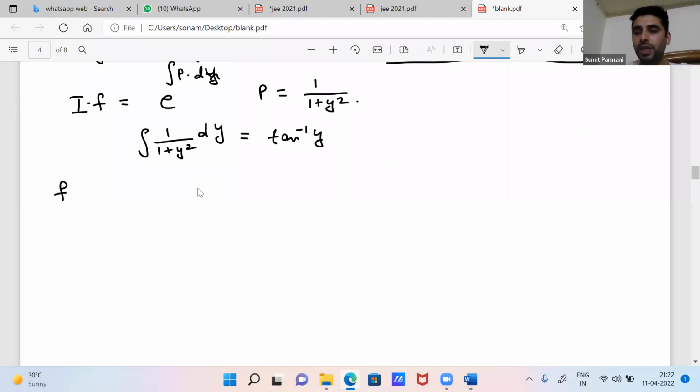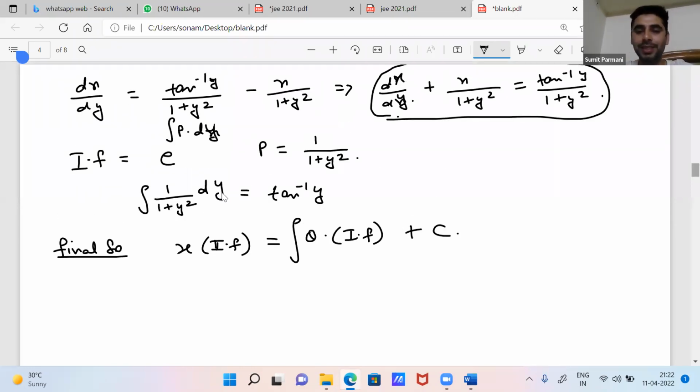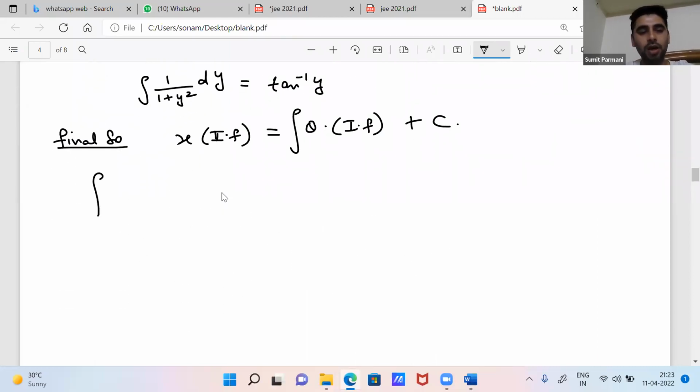Final, we have to write x into IF is equals to integration of Q into IF plus c. Now what is Q? This portion is your Q. So integration of Q, tan inverse y divided by 1 plus y square into IF. IF is tan inverse y, dy.